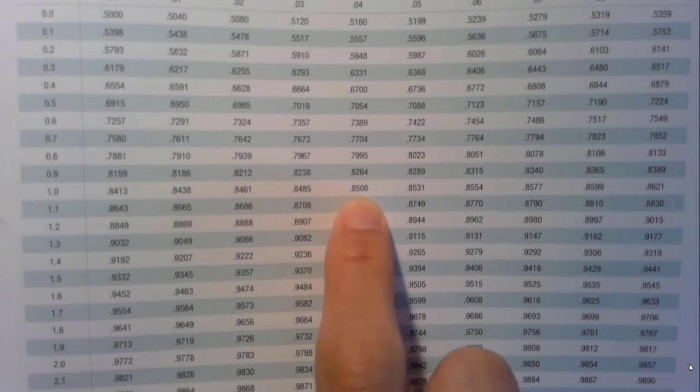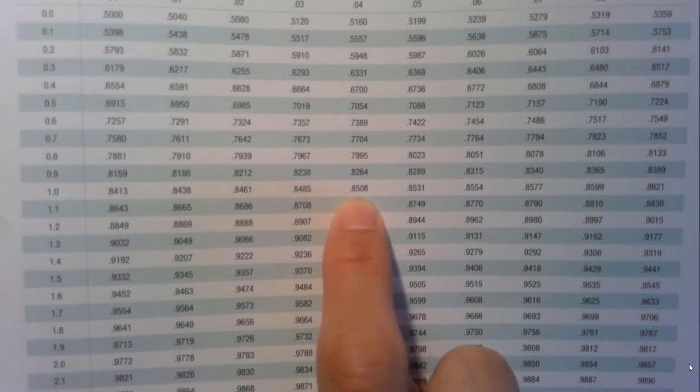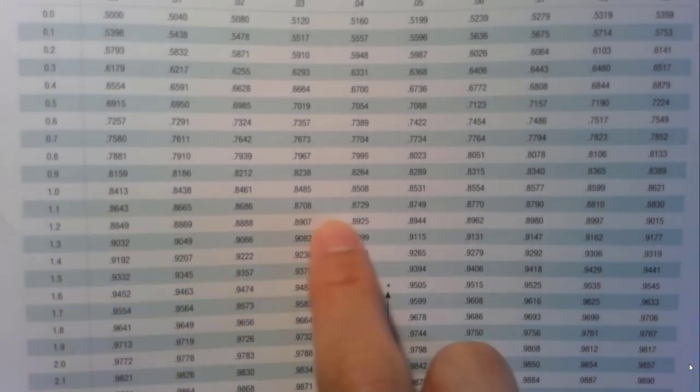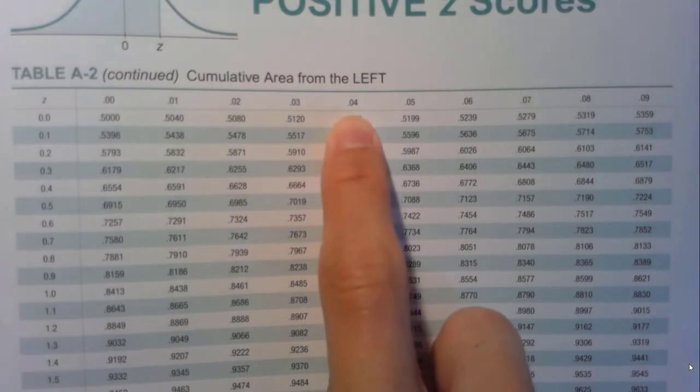So this is the 85th percentile, and the value inside the body is the value of the area. So we are looking for the corresponding z-score of this area right here, and that z-score should be 1.0 together with a column of 0.4.